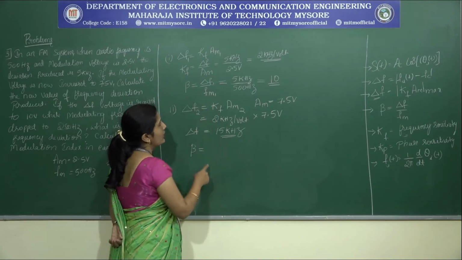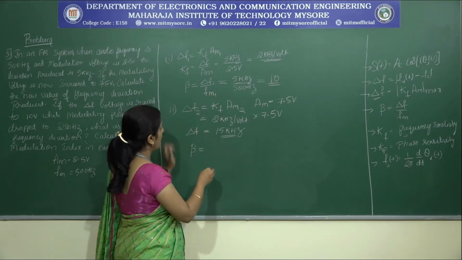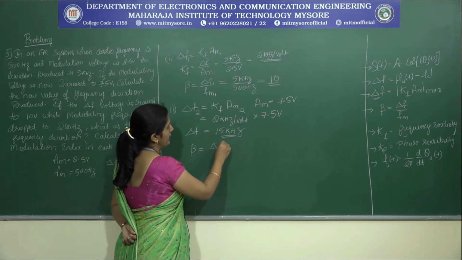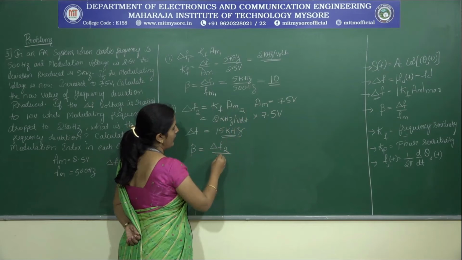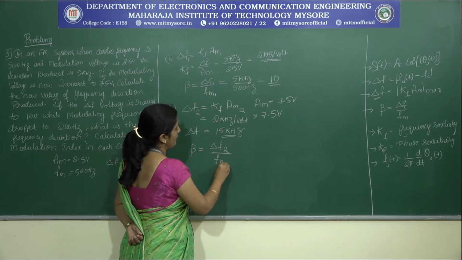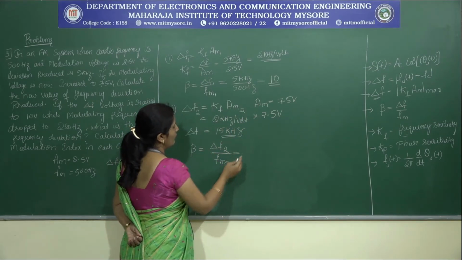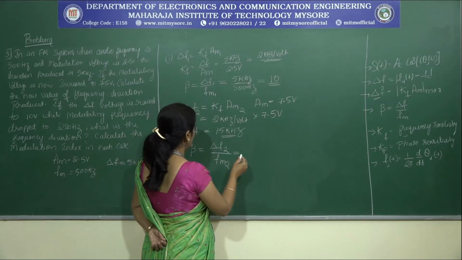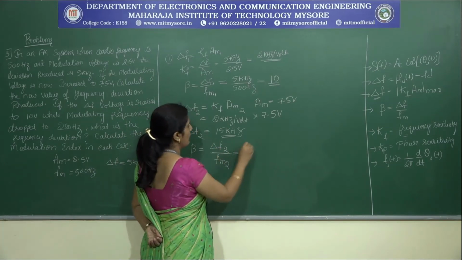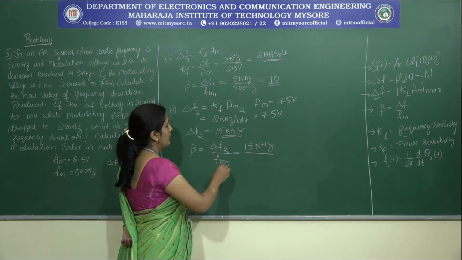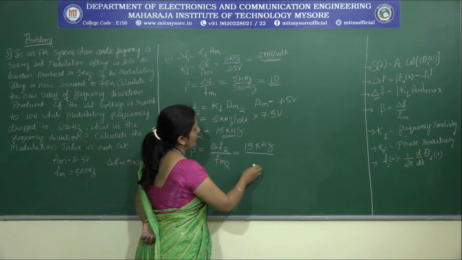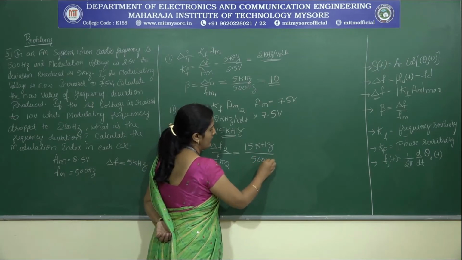Now for this, again we have to find out the modulation index. For this we consider delta F2 divided by Fm2. Here delta F2 is 15 kilohertz divided by Fm2, which is the same, 500 hertz.